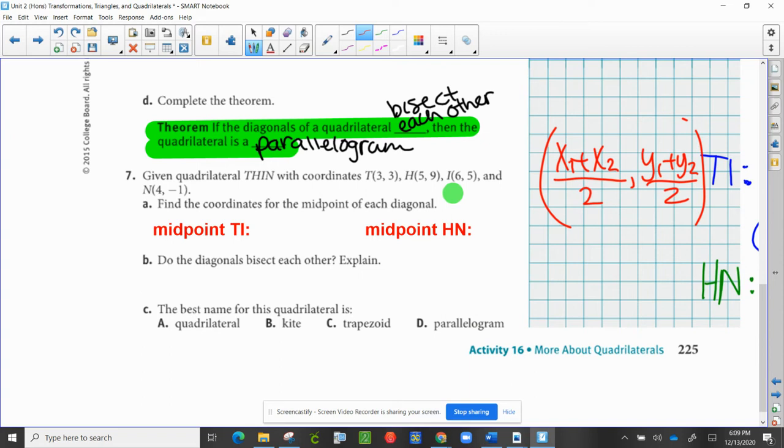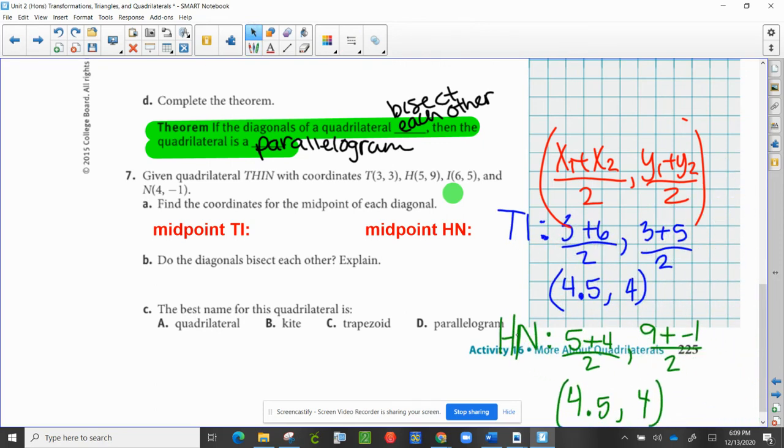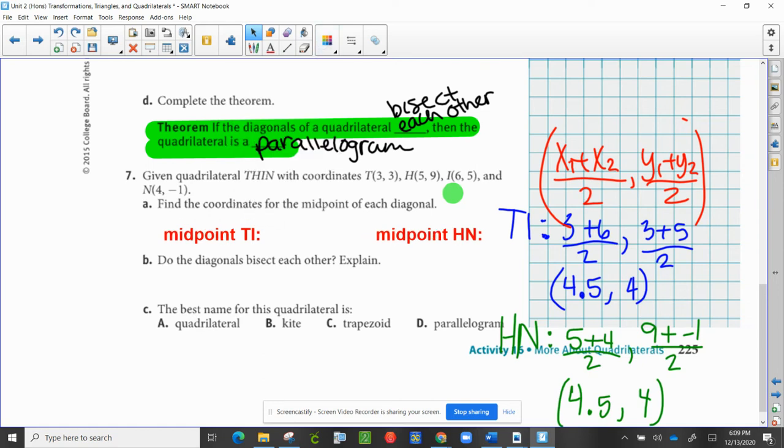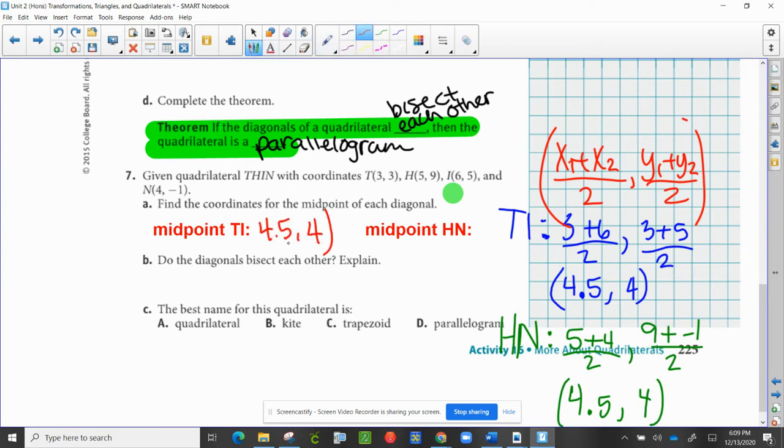Okay, so what I got for these is, here's my work. I'm just going to pull it out here. I got that their midpoints were 4.5, comma 4. So what that tells us then is that the diagonals do bisect each other because they have the same midpoint.